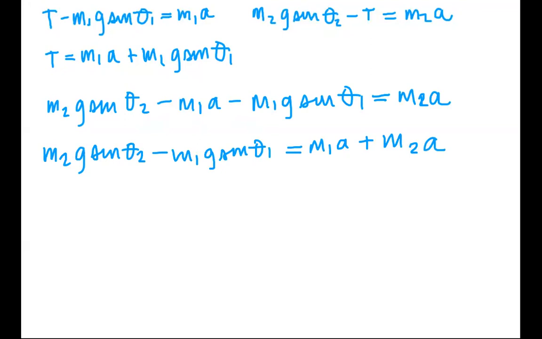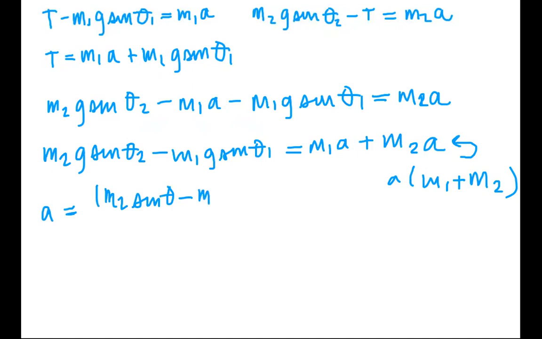Again, factor it out so you have A times M1 plus M2, and then you divide by M1 plus M2. You can factor out the G, and you get acceleration is equal to M2 sine theta 2 minus M1 sine theta 1, times G, over M1 plus M2. Gotta keep remembering that. And that is your acceleration.